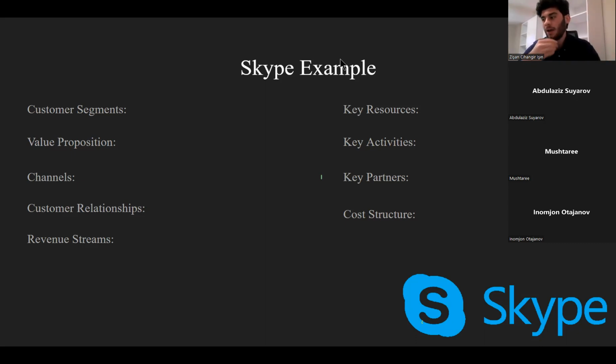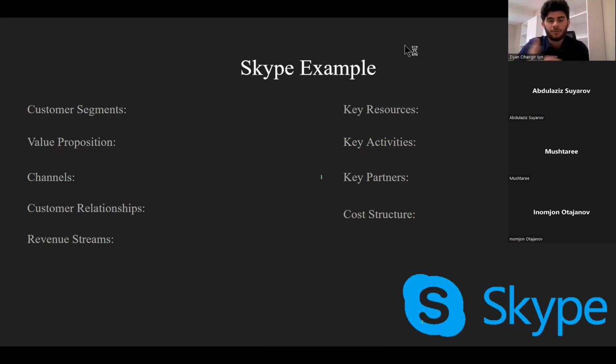That is correct. What are the key resources and the key activities? Like what does Skype need in order to work? Actually, what does it do? Since Skype is a software developing company, it needs software developers.